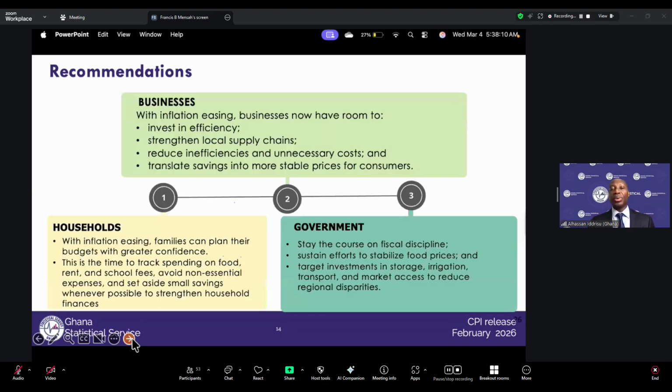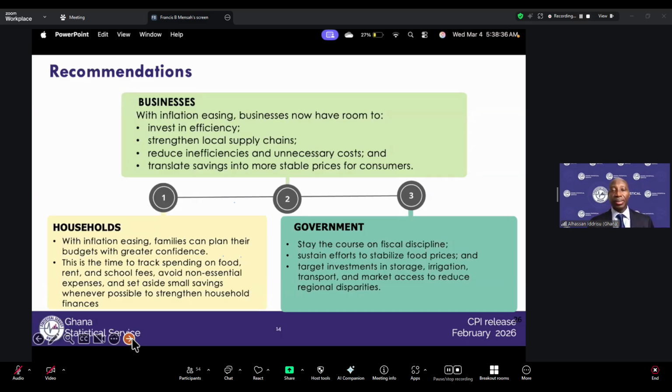What are the key recommendations that we are providing purely from the data? For government, the priority is very clear. Continue to maintain fiscal discipline, stabilize food supply chains, and invest in storage, irrigation, transport, and market access to reduce regional gaps.